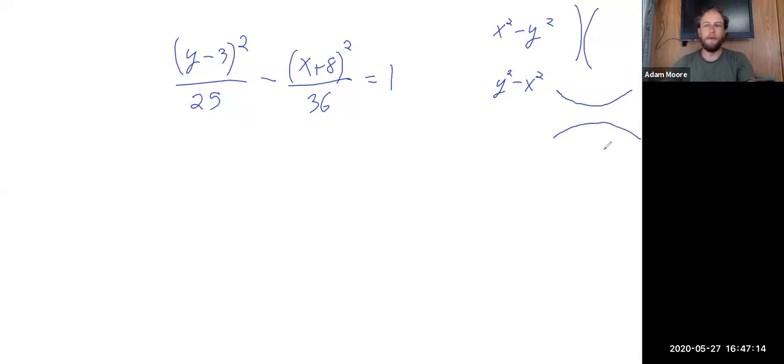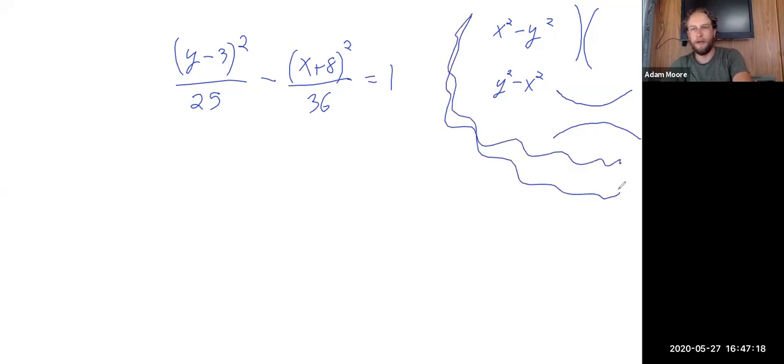And so maybe if you're a note taker, make yourself a note of that. If it's the y that's being minus, then it's this kind of hyperbola where it's on the y-axis, it looks like, you know. There you go. Although it does not look like a Y chromosome as much as an X chromosome. So that's interesting.